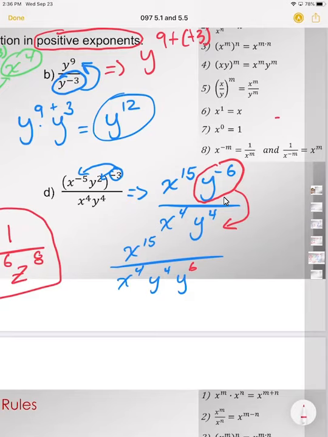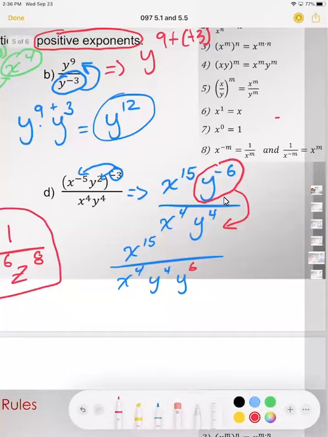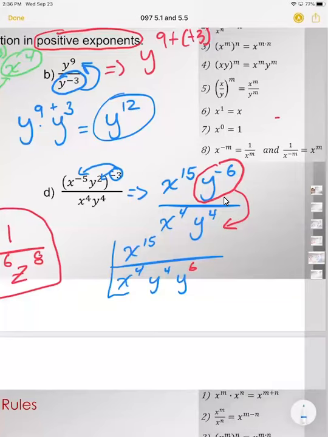Everybody still with me here? Because the rule of negative, as long as there's a negative, is telling me it does not belong there. And if it does not belong there, I need to move it somewhere else, which is either on top or to the bottom.